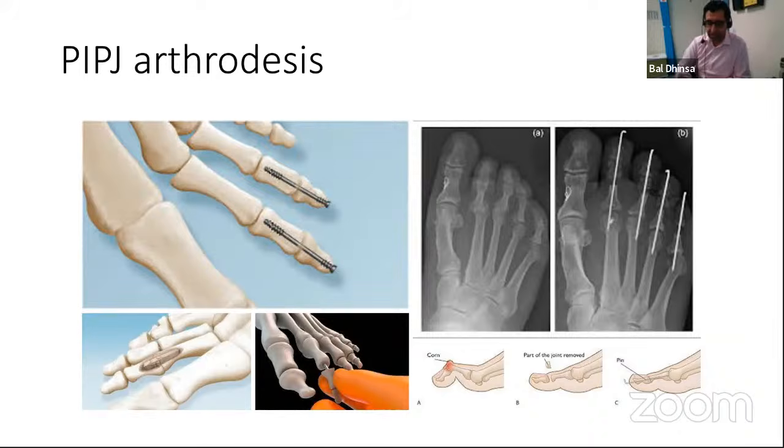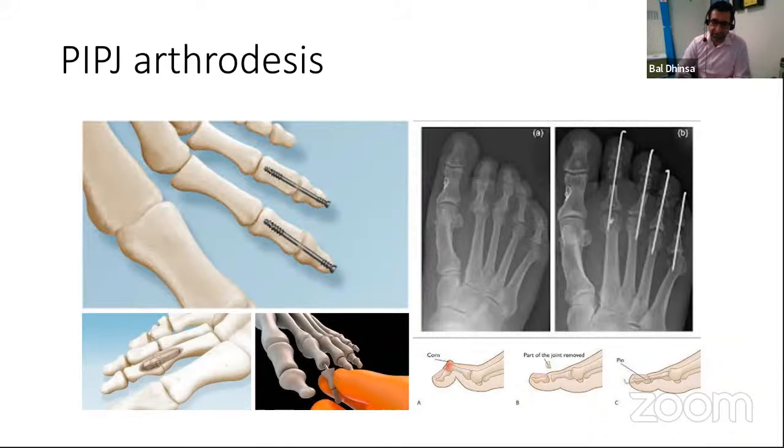I have used an implant called Starfuse, which is made of magnesium, and this is a metal which will slowly absorb and disappear. But we're still in the early stages of using it, so I don't have any outcomes beyond 6 months at the moment. But the early results have been good with regards to X-ray signs of fusion.